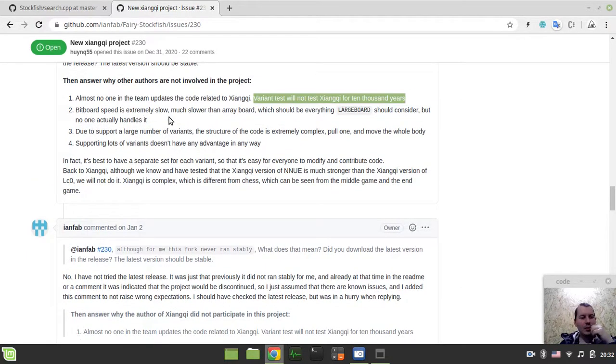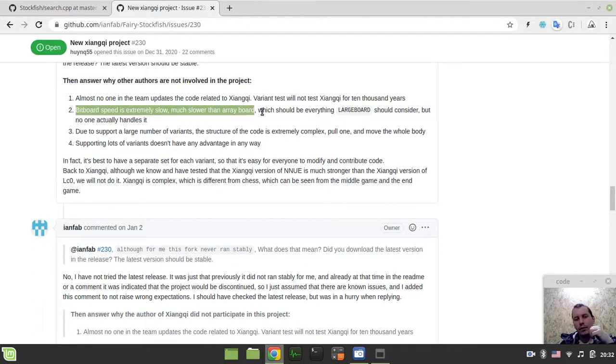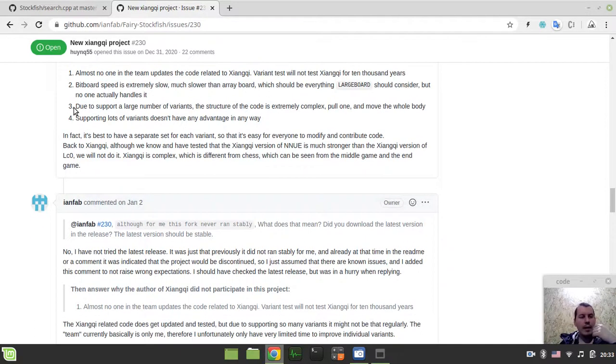Okay, bitboard speed is extremely slow, much slower than array board, which every large board should consider, but no one actually handles it. So it's a downside of having multiple variants within the single Fairy-Stockfish implementation. So just too slow for the particular CNC variant.